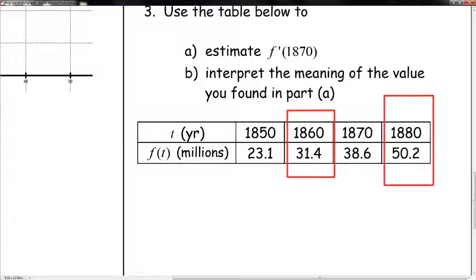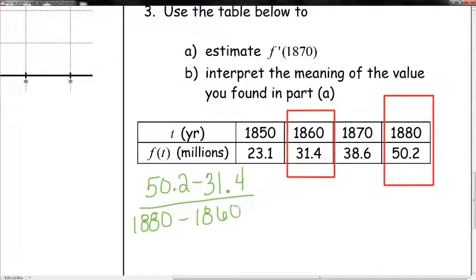I have 50.2 minus 31.4 divided by 1880 minus 1860. Well, that is equal to 18.8 divided by 20, which is 0.94.